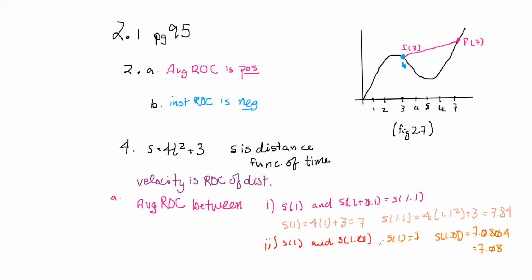And so what we're going to do here, we again have a positive relationship between the two. Here, our average velocity is going to be, is the slope between these two more positive or less positive?